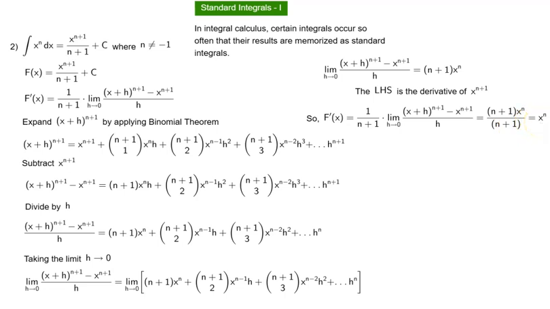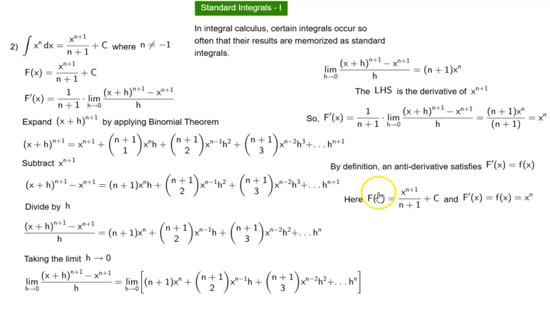Now by definition, an antiderivative satisfies F prime of x equal to the function f of x. So which means capital F of x, which is the integral of x to the power of n dx, is equal to x to the power of n plus 1 by n plus 1 plus c.